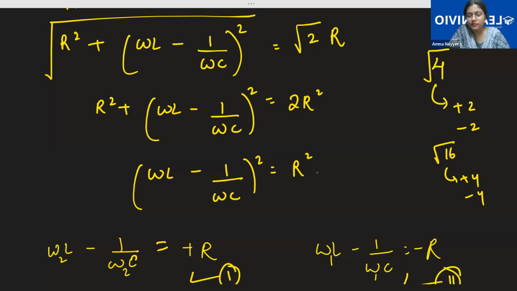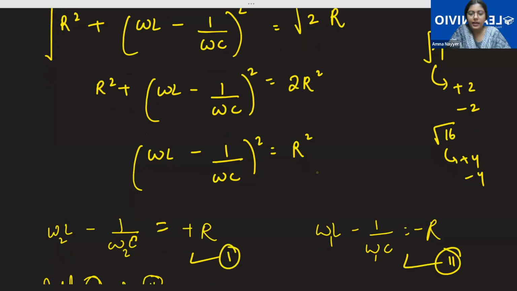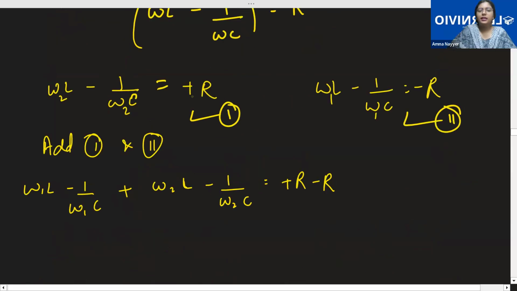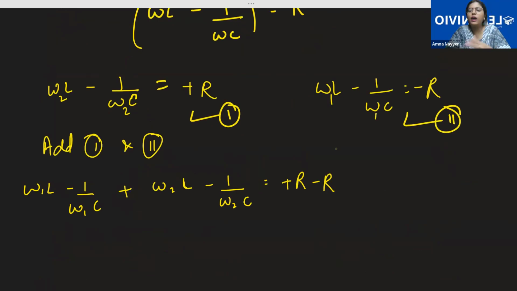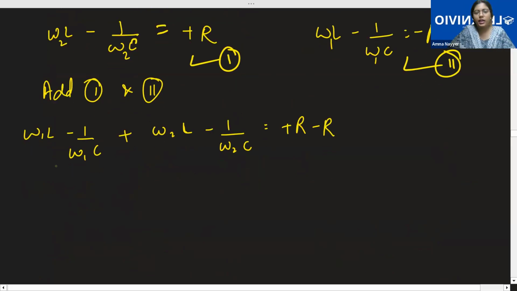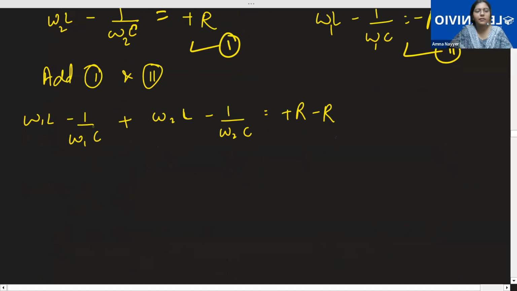Okay. Now when we add these two, this term and this term get added. Plus R and minus R are there, so when you add both of these, they'll be cancelled. So eventually, I'll take a few things common before writing this part.